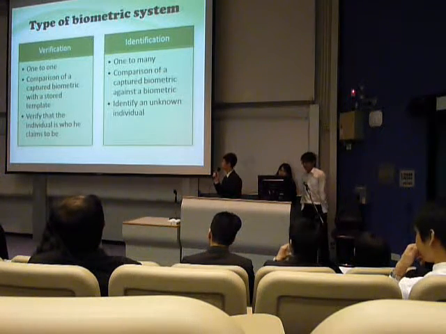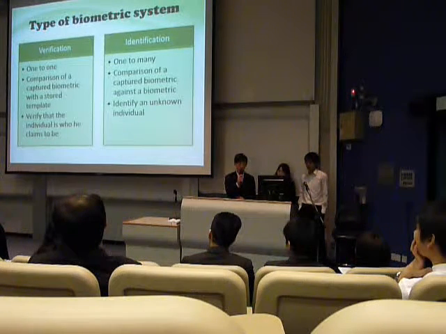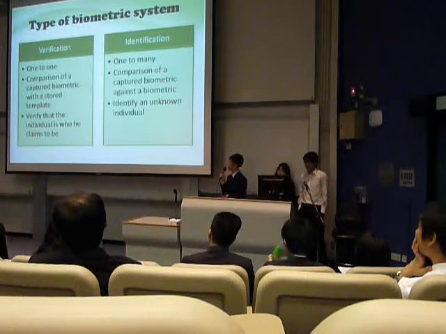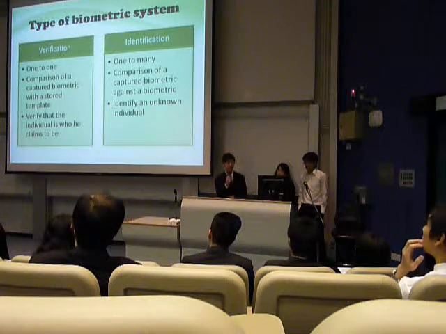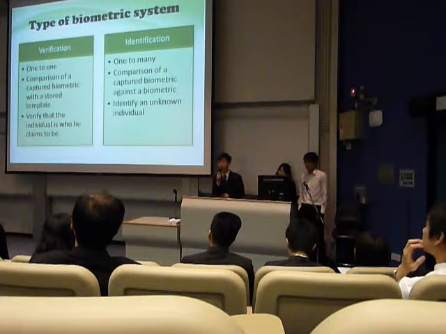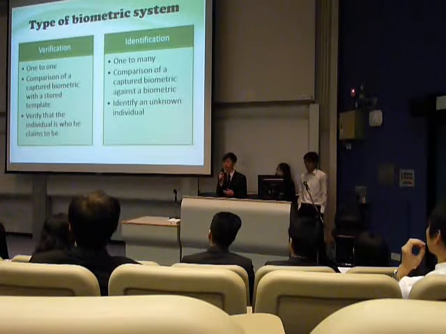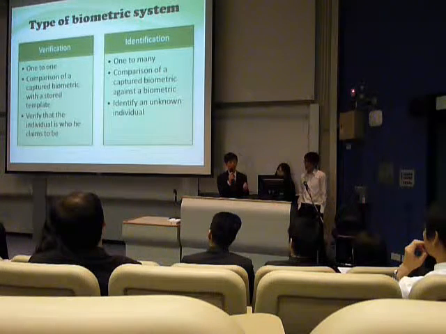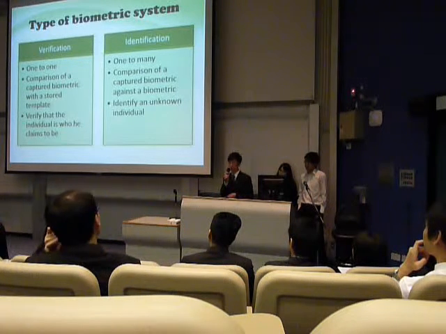Now we will look more deeply at biometric devices and systems. They are simply divided into two types, verification and identification. Verification is one-to-one: when a person claims that he is a certain person, you use the biometric system to test whether his claim is true or not.